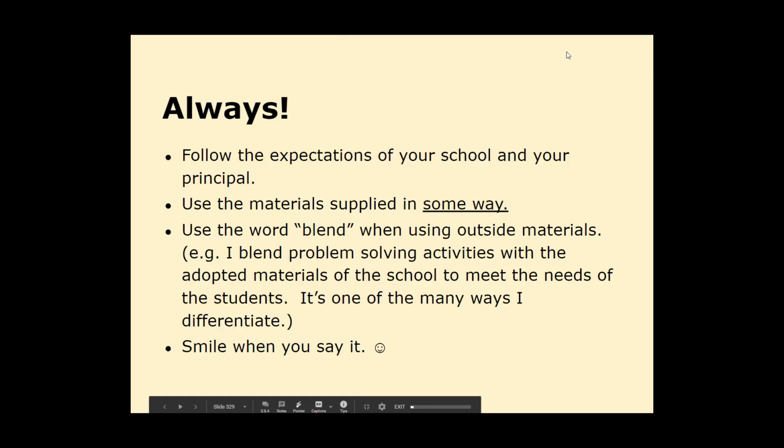So just one more thing before we finish up. When you're creating lessons for your school, you should always follow the expectations of your school and what your principal expects of you. While teaching mathematics in this fashion is based on research, and this is the way that I wholeheartedly believe that children learn, you want to be mindful that you don't go against the vision of the school, right?